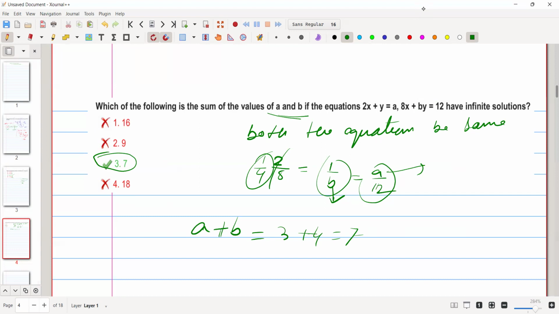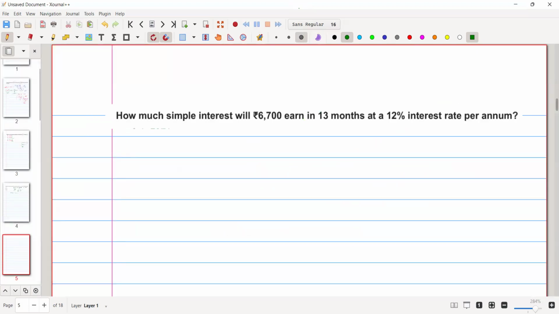Let's do the next one. How much simple interest will rupees 6,700 earn in 13 months at a 12% interest rate per annum?